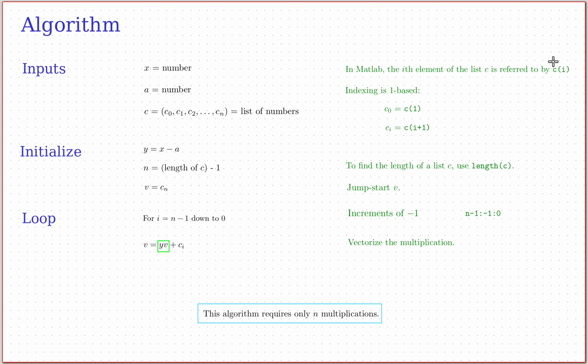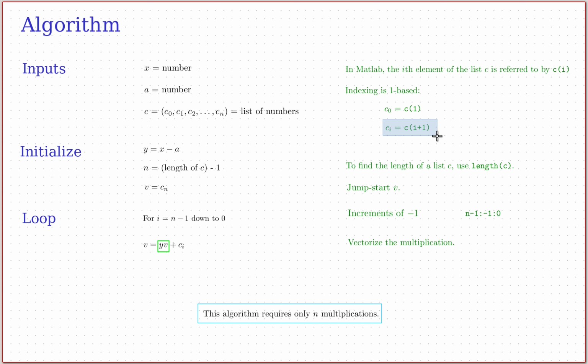One possible source of confusion, though, is that in MATLAB, indexing is 1-based, which means that the first element has index 1. So, in a list like this, c0 would actually have index 1, and therefore c0 would be equal to c of 1, right? Not c of 0. And in general, c sub i, the ith coefficient of the polynomial, would be c of i plus 1 in MATLAB, right?